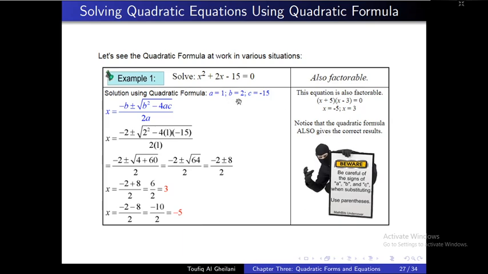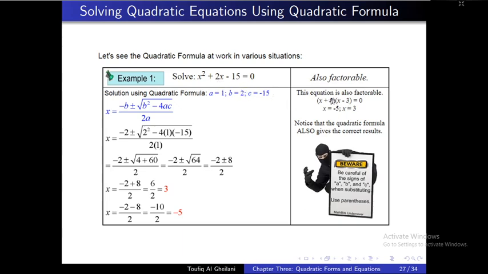We notice this equation is factorable. We can factorize it as two brackets, x and x. Then I ask myself, the last term is minus, so I put different signs, positive and negative. Then I ask myself, what are two numbers that when I multiply together will give me 15, and when I subtract them will give me 2. 5 times 3 will give me 15, and when I subtract will give me 2.